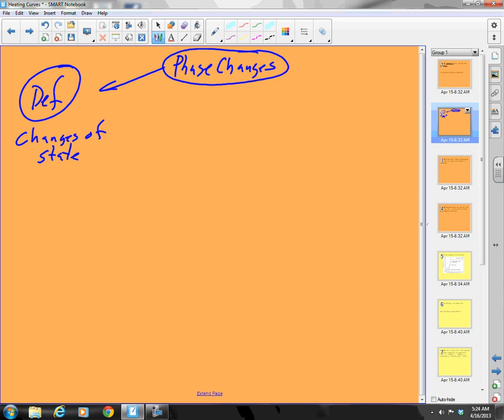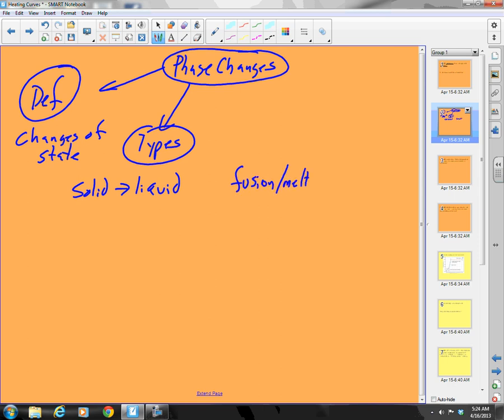Not going from Indiana to Illinois, but changes of state. We can talk about types here. Such as what? I can go from a solid to a liquid. That's a phase change. And what do we call that when I go from solid to a liquid? We call that fusion in chemistry, or we might also call it melting.